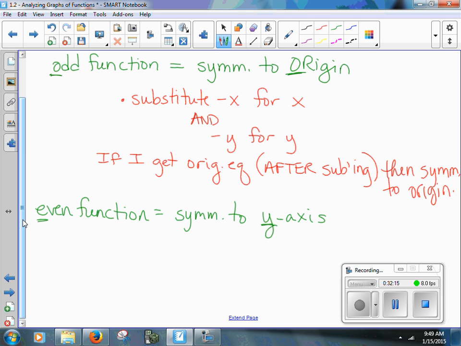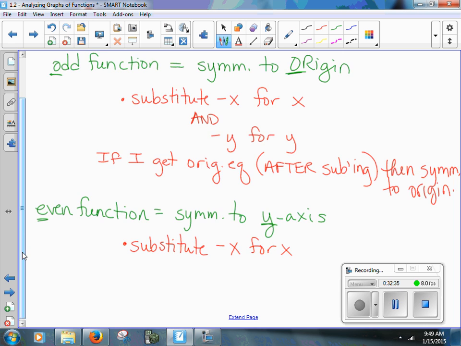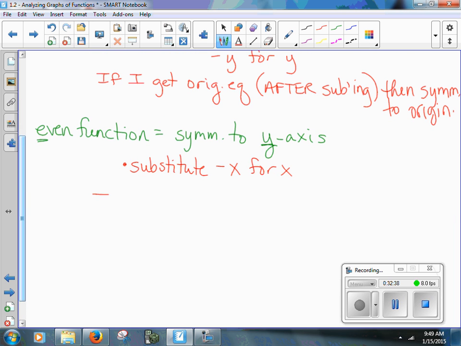If it's symmetric to the y, in my head, I think I have to go opposite. What's the opposite of x? Negative x. So I'm going to substitute negative x for x. If I get the original equation, then it's symmetric to the y-axis. And you'll see how this works in just a second.